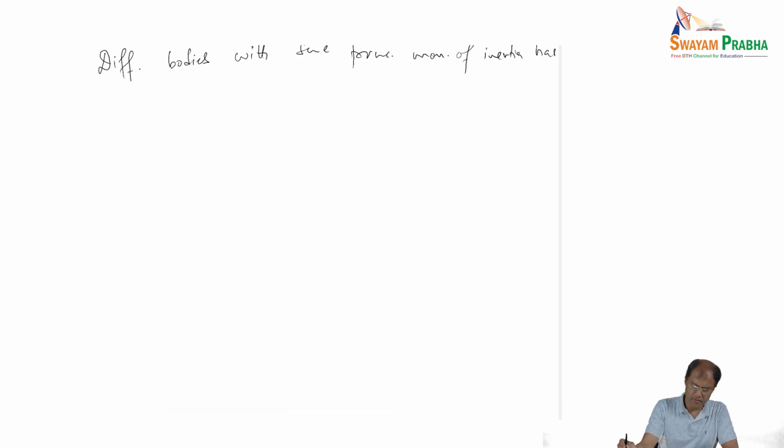Okay, so the first case is different bodies with the same principal axis, principal moments of inertia, have the same motion, right? So we have three cases to talk about here.